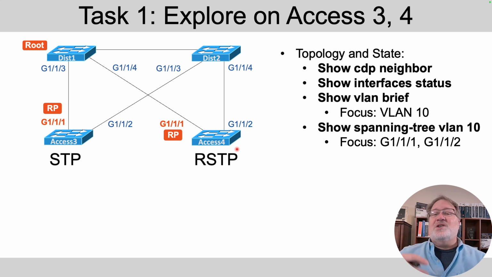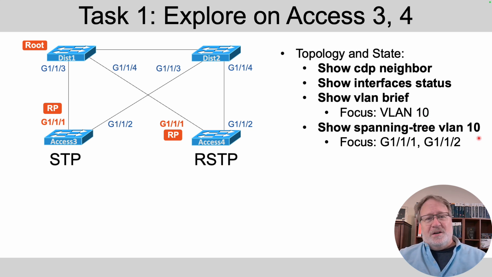All right, so you have 3 major tasks, each with multiple steps for this lab. Here at task 1, what I want you to do is explore and figure out the topology. It won't necessarily take you a lot of time, but on each of access 3 and 4, make sure you understand what details I just gave you. So you can use these 4 commands: show CDP neighbor, show interfaces status, show VLAN brief, focusing on VLAN 10, and then show spanning tree VLAN 10.